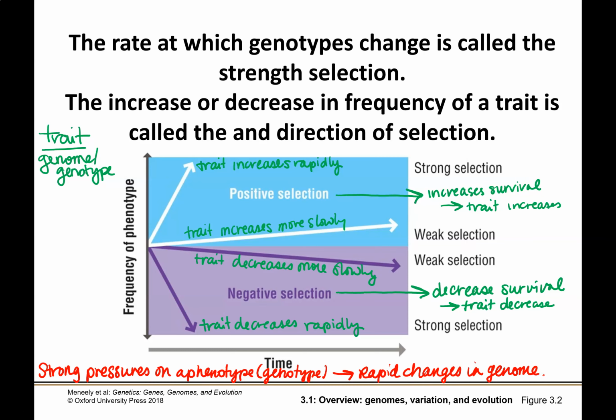And then, of course, we could have lesser pressures that affect the phenotype, therefore the genotype, and then slower changes in the genome. But keep in mind that evolution and genotype are very tightly linked. So if you have evolutionary forces causing a change in a phenotype, you're also going to have changes in the genotype.